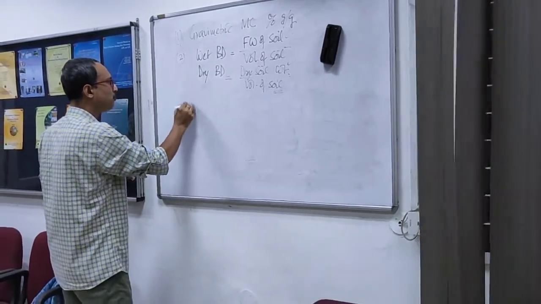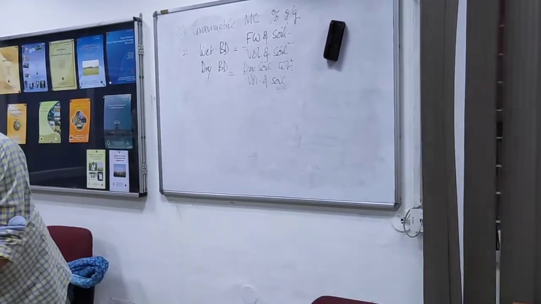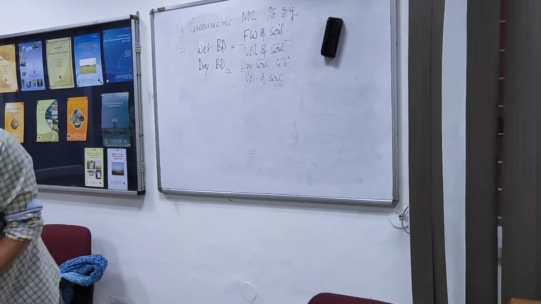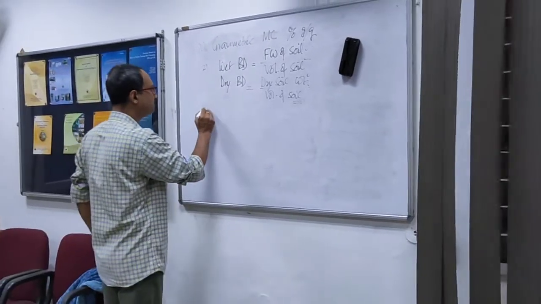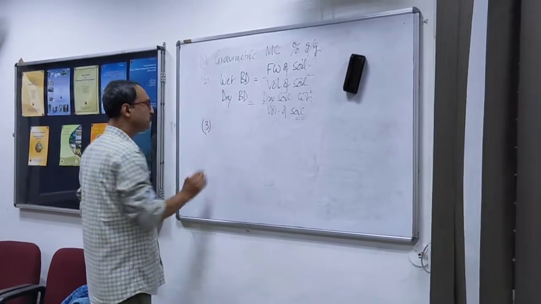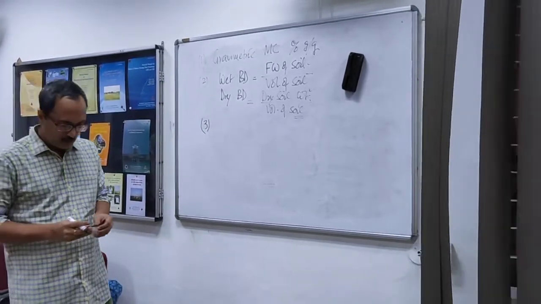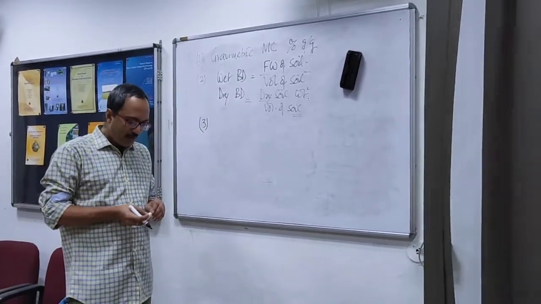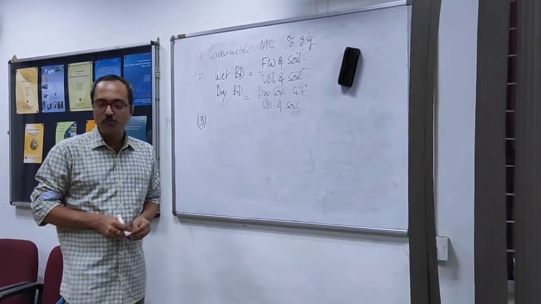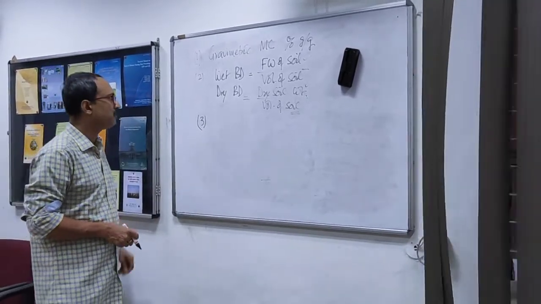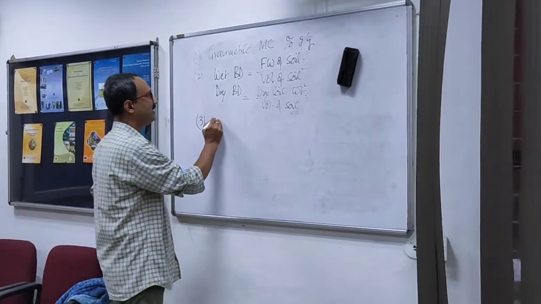Okay. Now for the porosity, you need to determine the particle density. You know, this you can do in different ways. Okay, so I prefer that you do one thing. You first of all do the particle density.